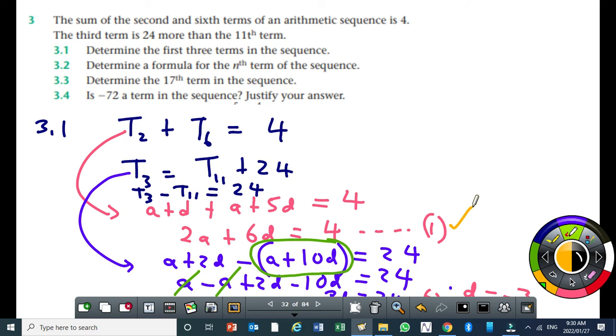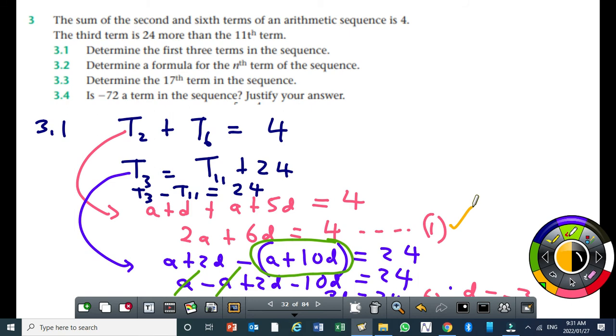So T3 is greater than what? T11. By how much? By 24. So what that means is if you add 24 to T11, you get T3. Or if you subtract 24 from T3, you get what? T11. Are you following that? Yes.